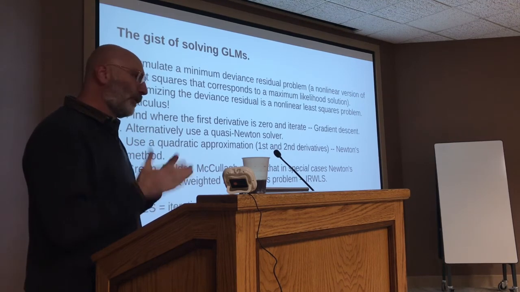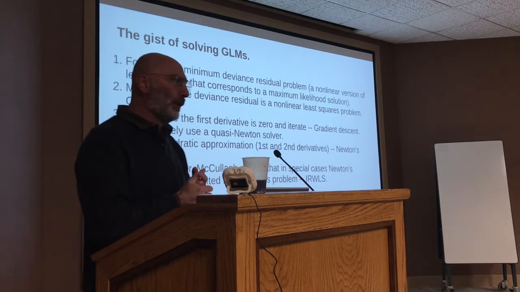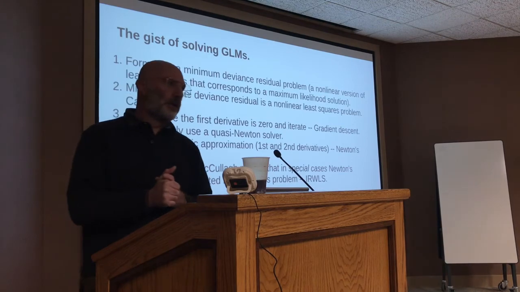And they're like, well, that's kind of a nice way to look at it computationally. And so they called that the iteratively reweighted least squares solver, and that's what R uses.